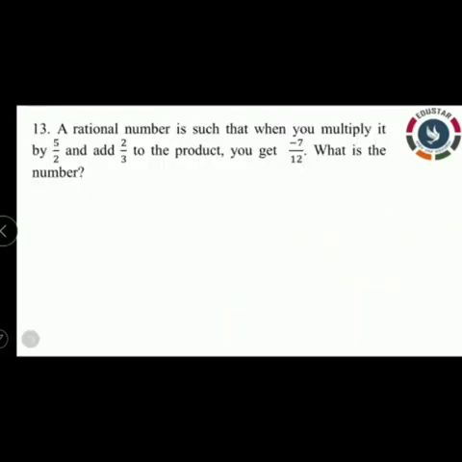Question number 13. A rational number is such that when you multiply it by 5 by 2 and add 2 by 3 to the product, you get minus 7 by 12. What is the number? Here, consider the rational number x.